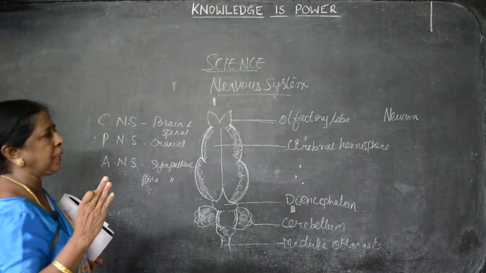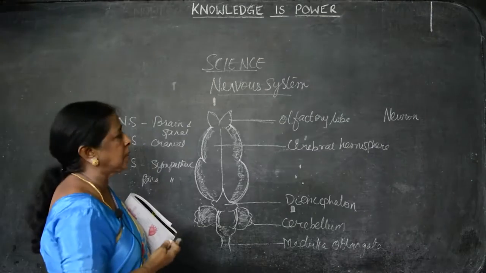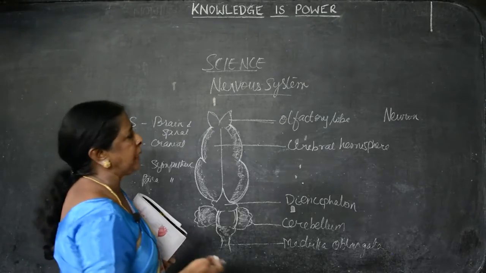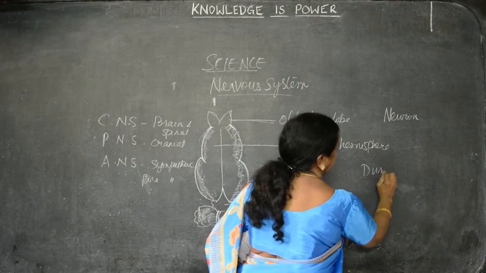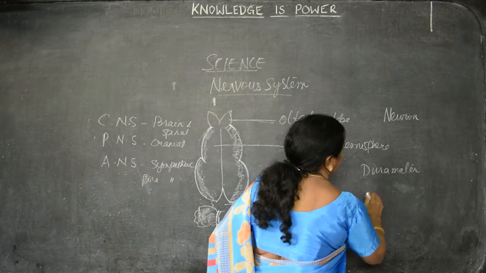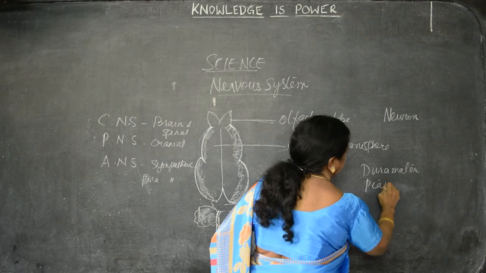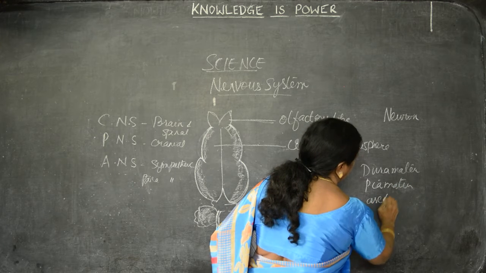The brain is covered by three membranes. So all the inner organs are supported by membranes. Here what are the membranes? Dura mater, pia mater, arachnoid membrane.